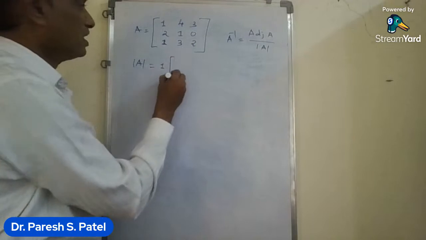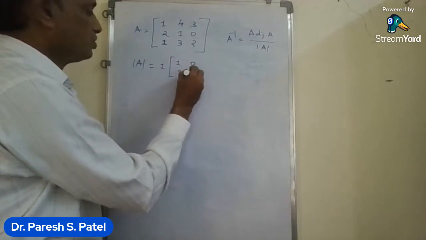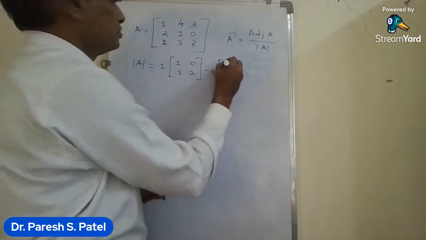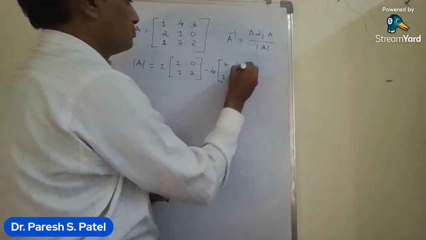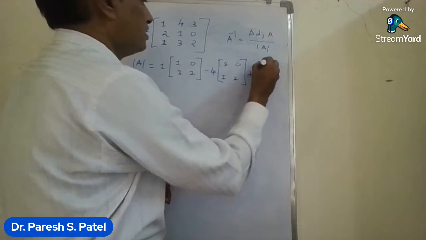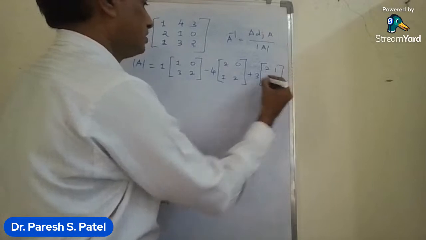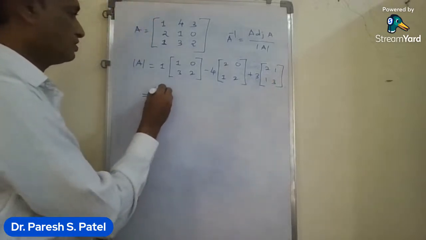It means 1 times the determinant of [1 0; 3 2], minus 4 times the determinant of [2 0; 1 2], plus 3 times the determinant of [2 1; 1 3], is equal to 1.